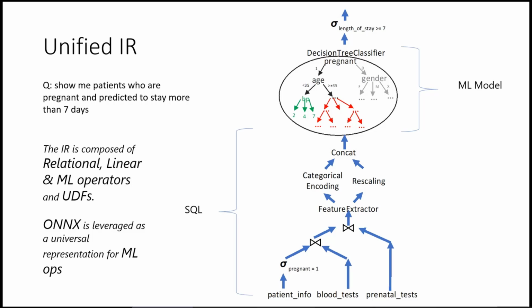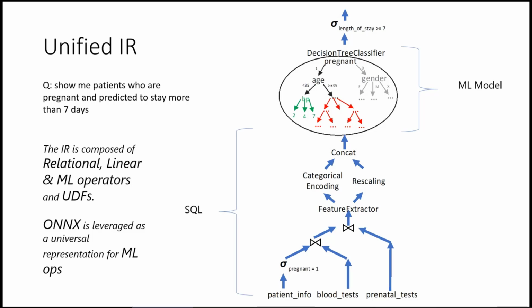And again, as I said before, we use Onyx. Onyx comes with a standardized way of representing machine learning models and creating these graphs. So we don't have to worry too much about having a graph representation for PyTorch, a graph representation for TensorFlow, and that sort of thing, because Onyx is this unified language.